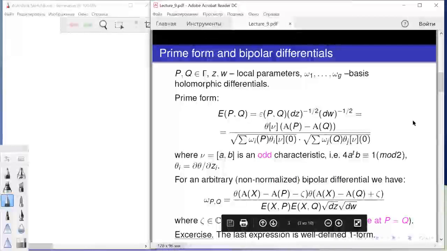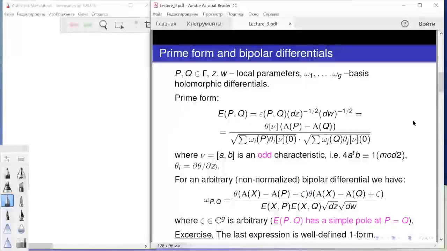Now, another important building block for our formula for solutions, which we are going to obtain, is the prime form.